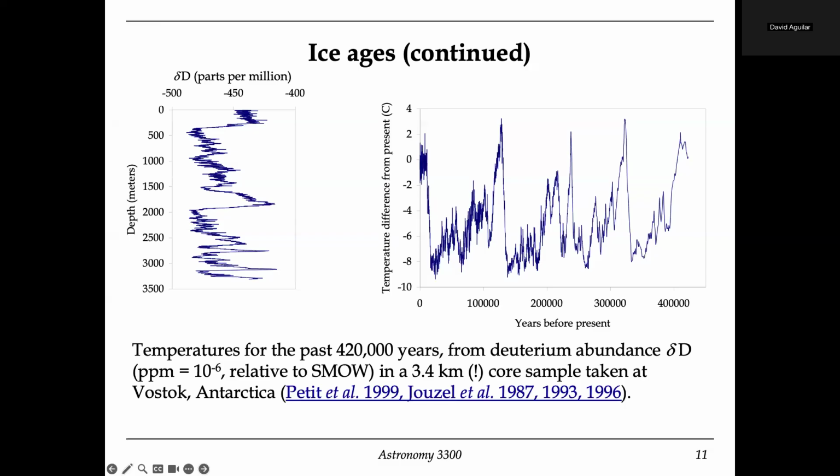By the way, how old are humans? Let me rephrase this. Anatomically modern humans. Yes, it's 200,000 years, so that's like here.